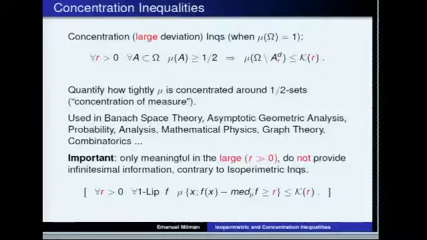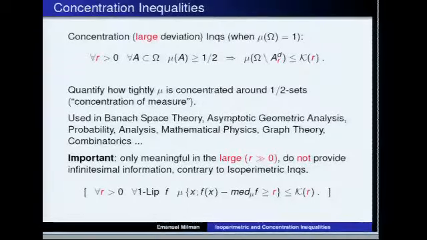One last comment, useful for later on: instead of talking about sets, we can completely equivalently reformulate these types of inequalities in the language of one-Lipschitz functions. This is completely equivalent to saying that for any one-Lipschitz function f on our space, with respect to our metric d, the measure of all points x where f deviates more than r from its median with respect to mu has to be bounded from above by k of r.